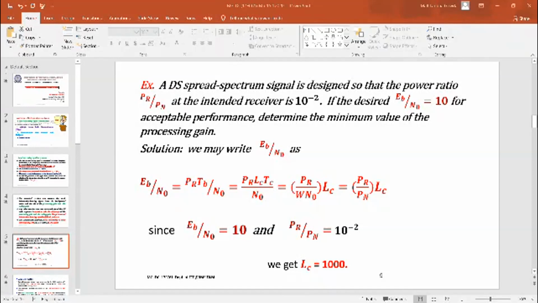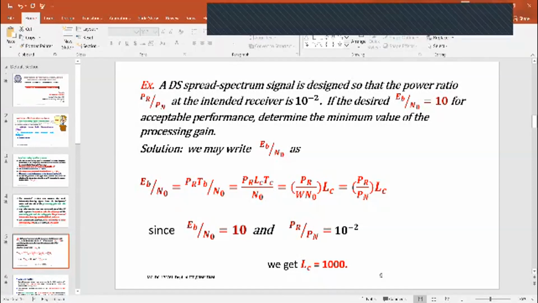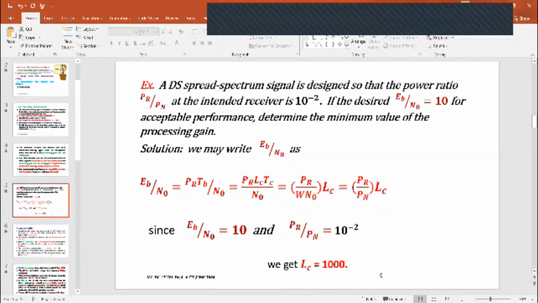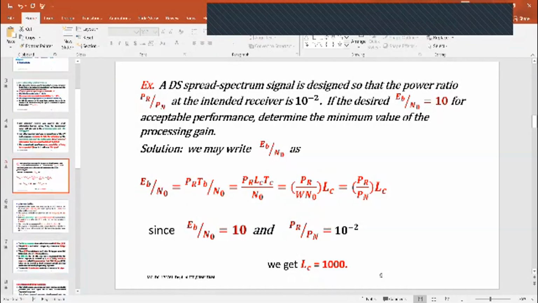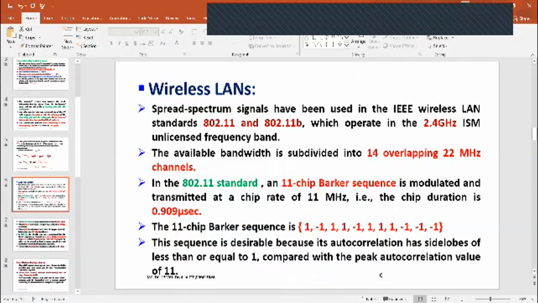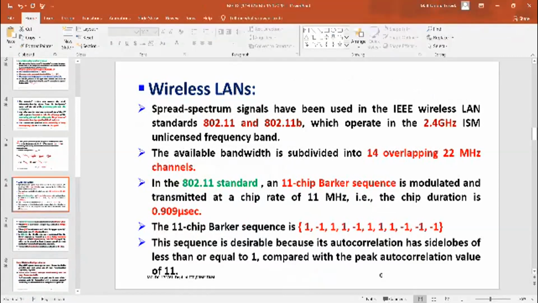Next, let me consider the application of wireless local area networks. How have direct sequence spread spectrum signals been used in wireless LAN? You all know what a LAN is, a local area network, and there are two types: wired LAN and wireless LAN.